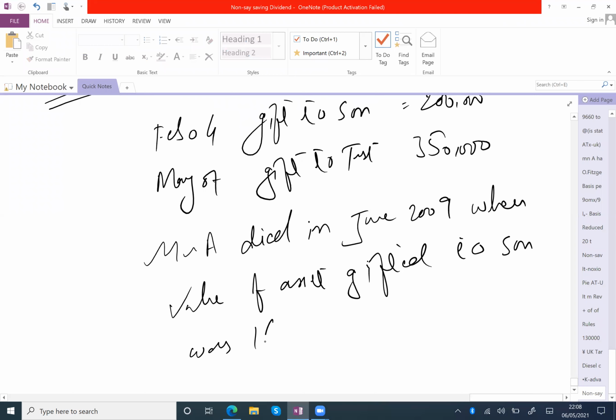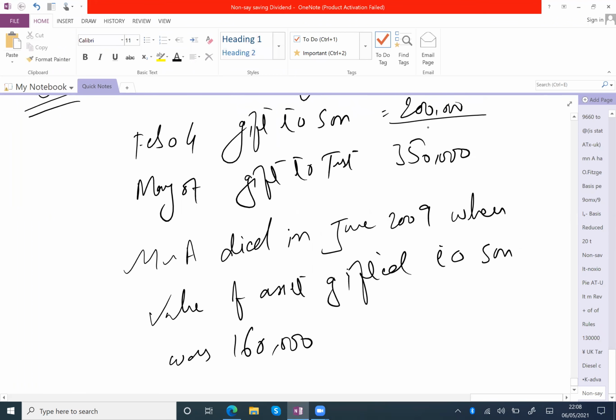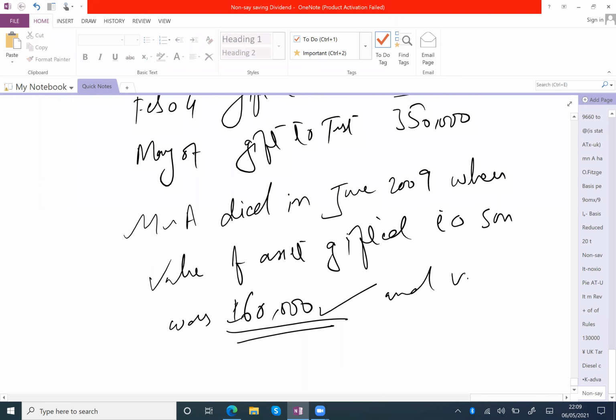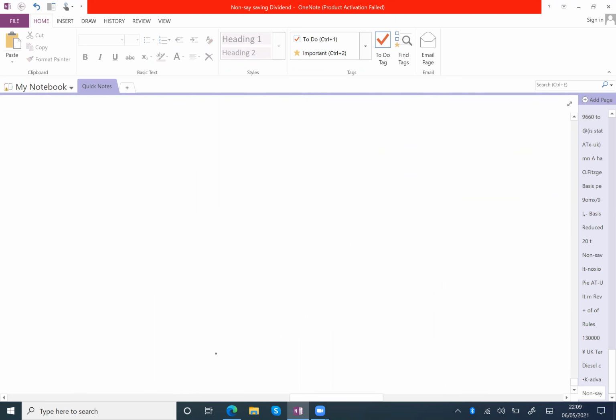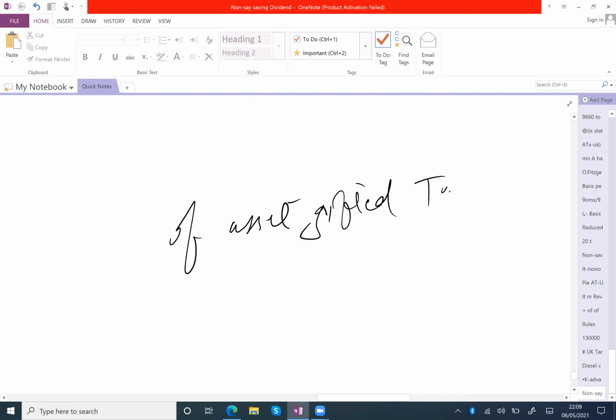was 160,000. So it means in lifetime the PET value was 200,000 and at the time of death it became 160,000. So at the time of death the value decreases, and on this PET fall in value relief is available. And next, the value of the asset gifted to the trust is 400,000.